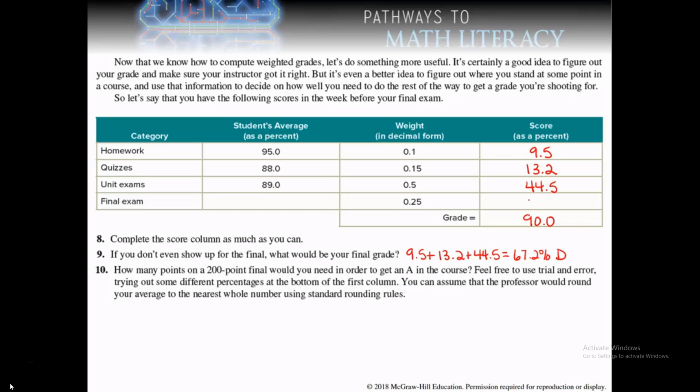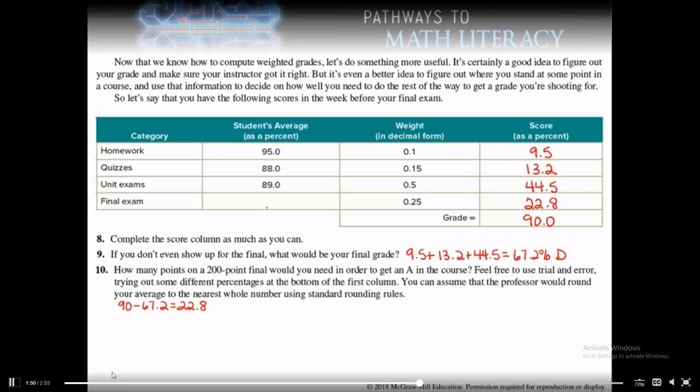Now remember, the percentage that you get on the final is multiplied by 0.25 to get that number of points. So working backwards, we can take that number of points, divide it by 0.25, and it'll tell us what we need as our average on the final exam. So 22.8 divided by 0.25 gives us 91.2.